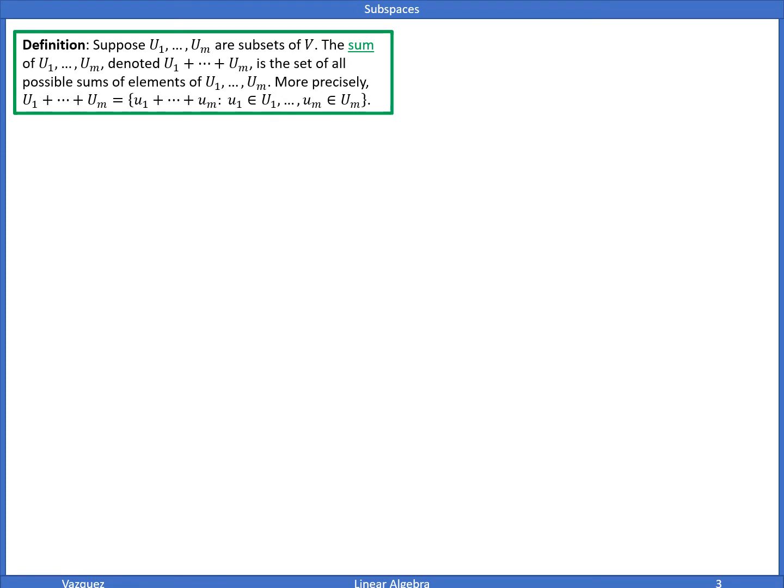Also, for example, if we had the vector space R3, all the subspaces are all the planes you can make that pass through the origin. Similarly for R2, the subspaces of that are all the lines you can make that include the origin.